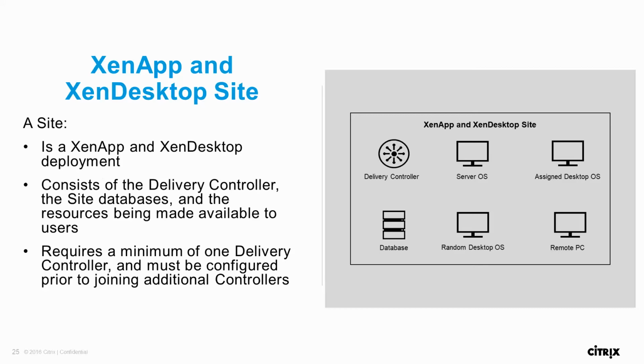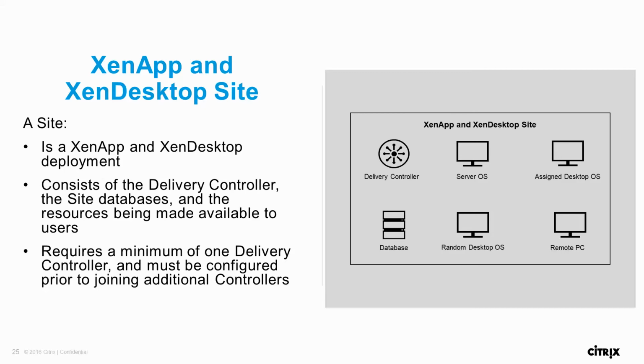The delivery controller and site database are both made available to users at the site level. If the delivery controller is down, the site cannot be accessed. If the site database is down, the site cannot be accessed. All are interrelated. A minimum of one delivery controller is required to create a site.